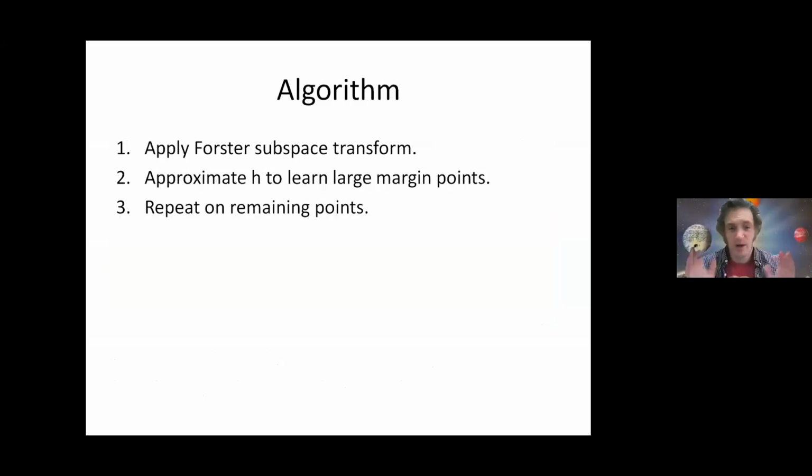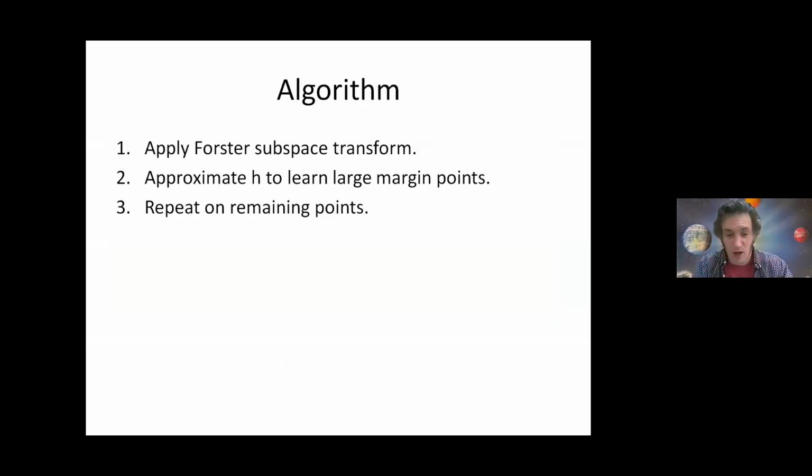Okay, and so this actually gives us our first algorithm. We're going to apply this Forster transform on a subspace. Then we know that we can approximate H, and this learns the high margin points, which was a decent fraction of our total points. Then we can just repeat on the remaining points.